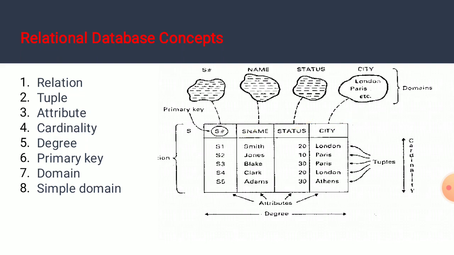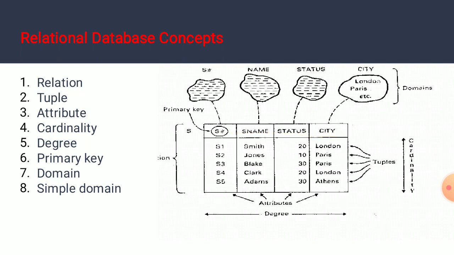All these are attributes. And now the number of tuples or rows we have, like S1, S2, S3, S4, S5, and the corresponding count of these values is known as the cardinality. The degree is the number of attributes we have.